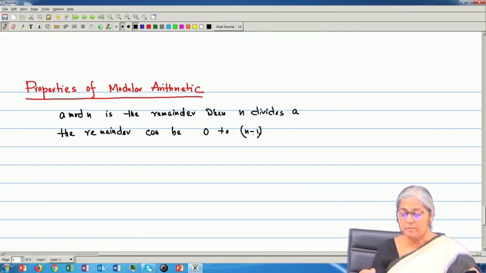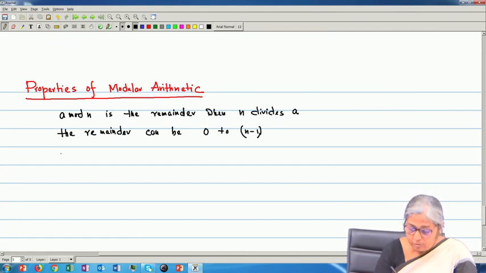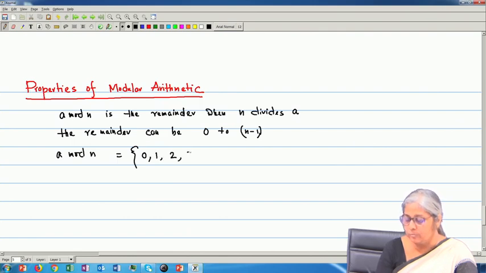These are my remainders. So, a modulo n is the set, I can write that this is 0, 1, 2, 3 up to n minus 1.